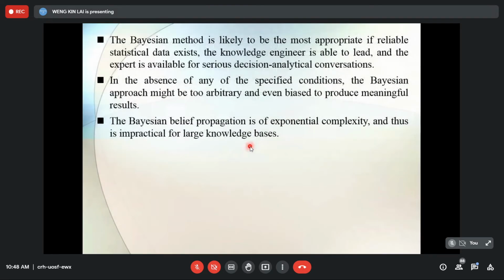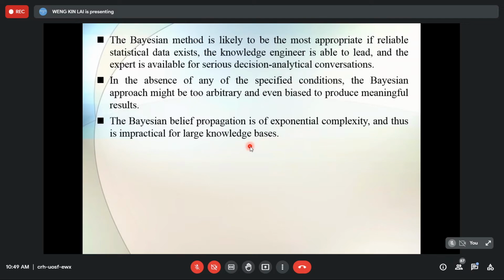Now, the Bayesian method is likely to be most appropriate when? You can use the Bayesian method if reliable statistical data exists, and the knowledge engineer is able to lead, and the expert is available for serious decision analytical conversations.